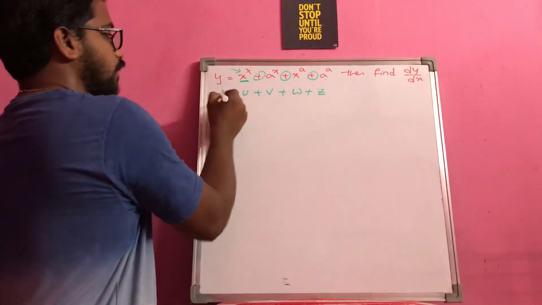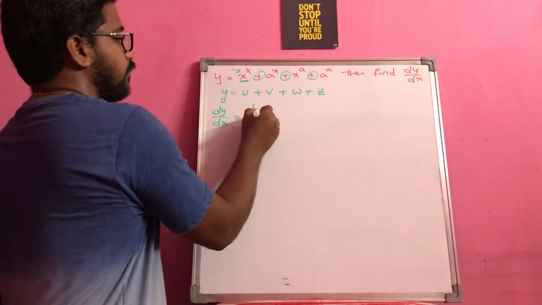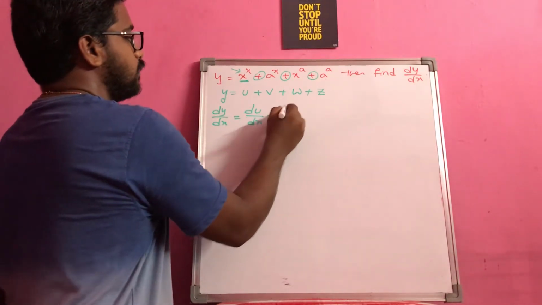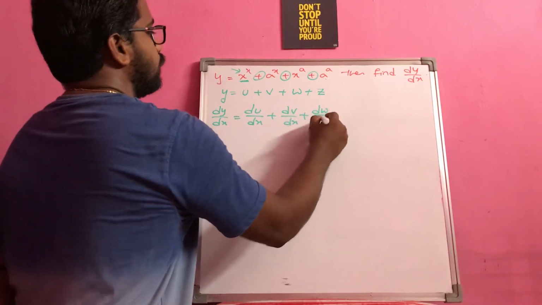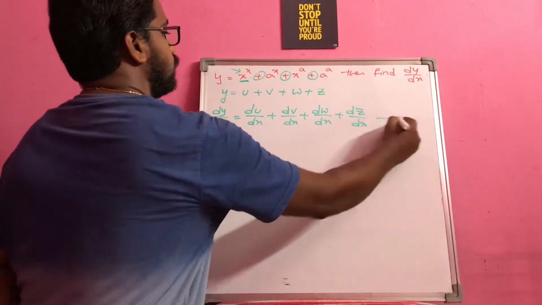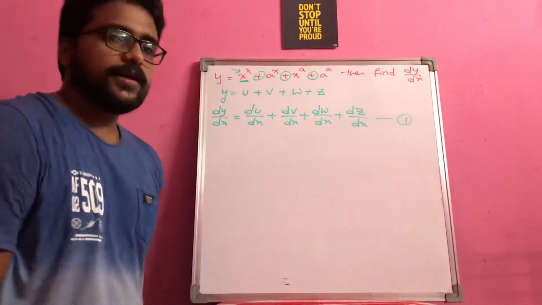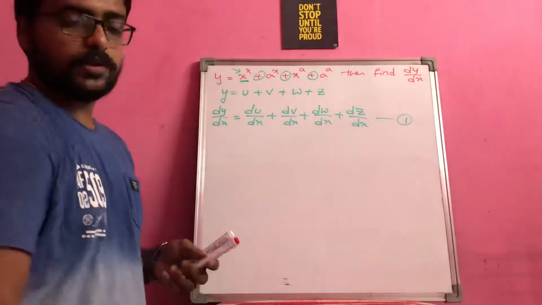Okay. This is y. So if I apply differentiation, dy by dx means I will be getting du by dx plus dv by dx plus dw by dx and then dz by dx. This is my first equation, right? So individually I have to apply the differentiation, then I will come to the result part.